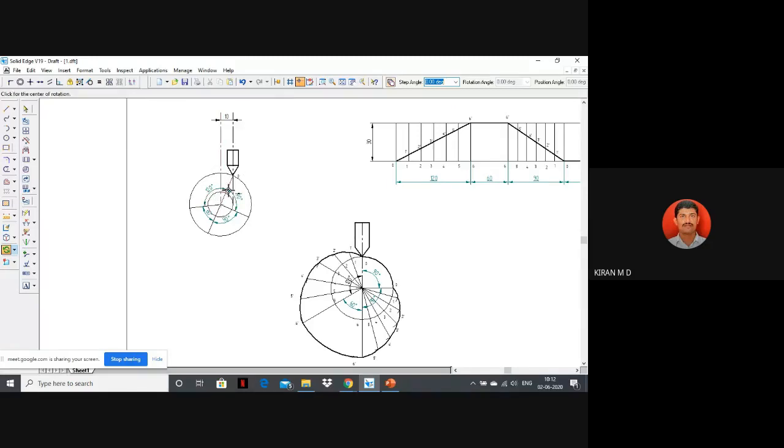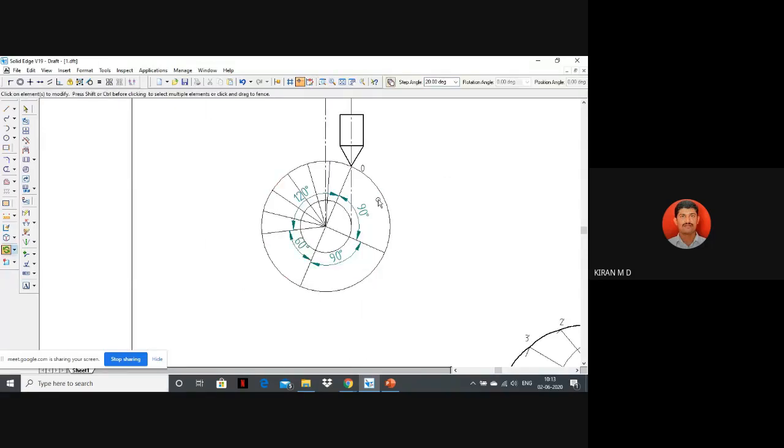So now I will divide this one. So 6 number of parts. Okay, you divide 6 number of parts.